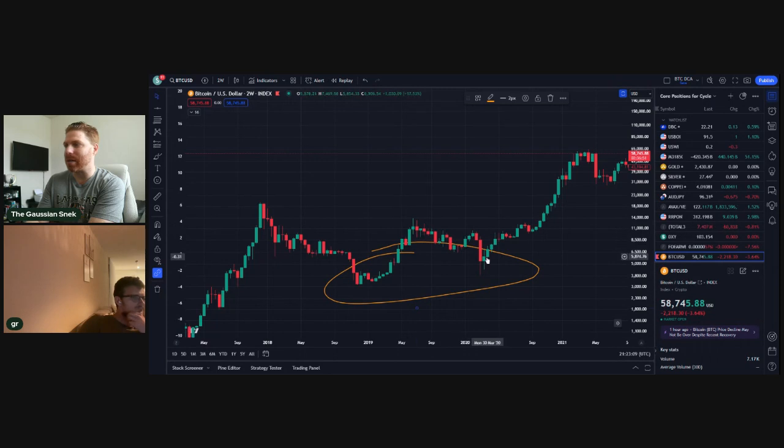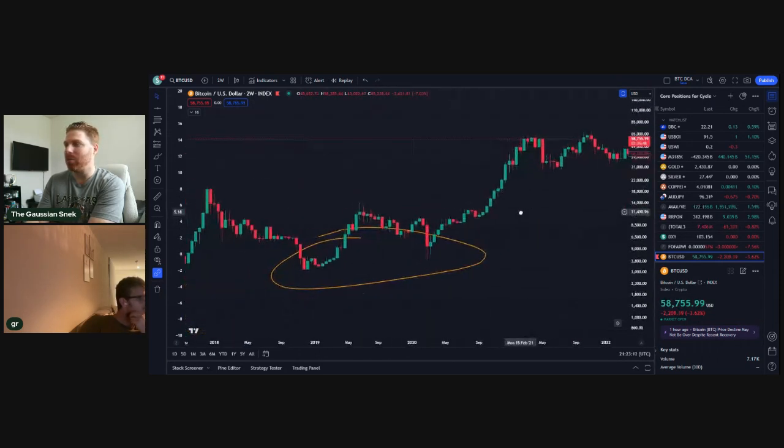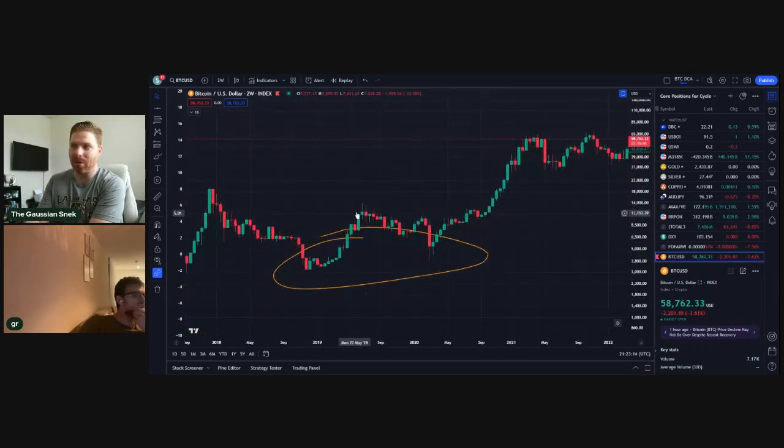This to me looks like a secondary bear market. So you could say Bitcoin has been through a recessionary bear market before. I would argue this is it right here.